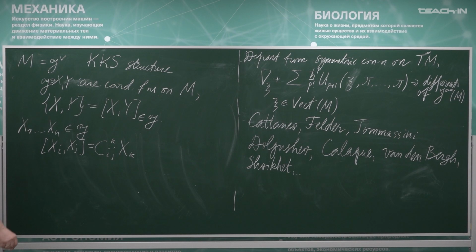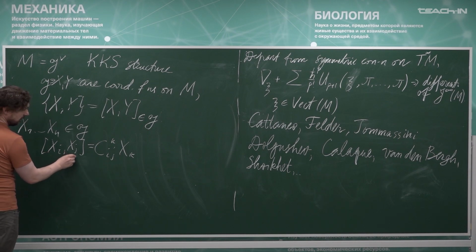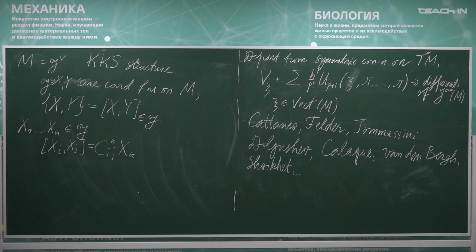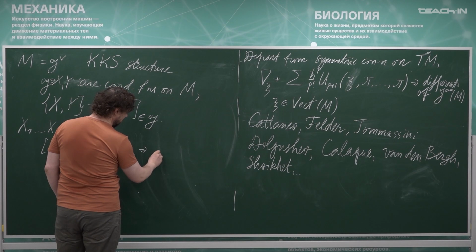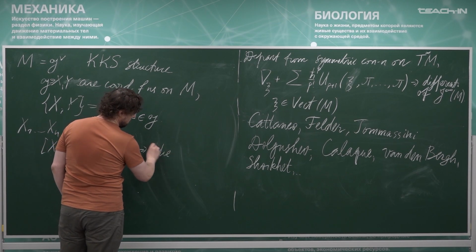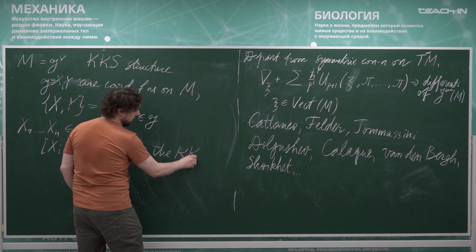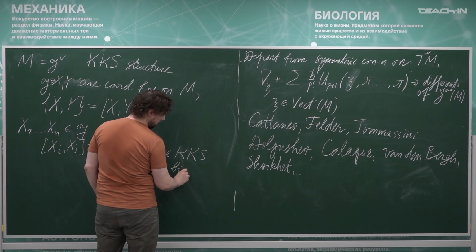And if you now regard xi, xj, and xk as coordinate functions on G check, it would mean that the KKS bivector is linear.